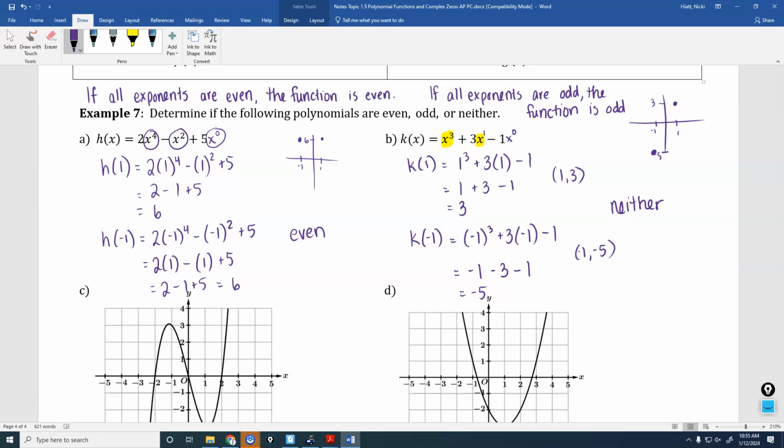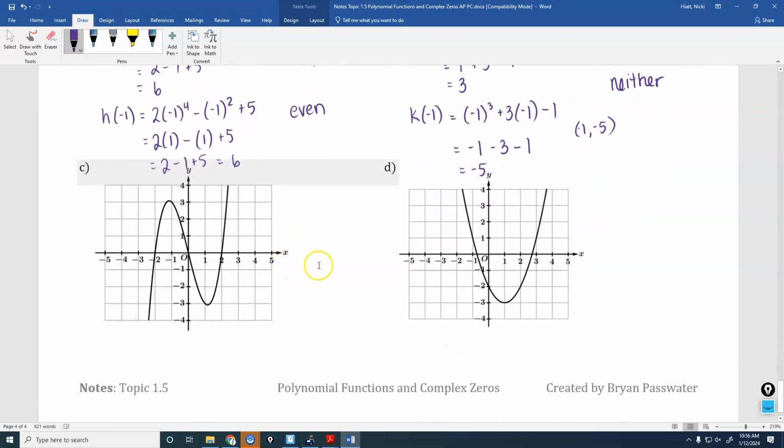And the reason that happens is because when you raise a negative to the 4th power or to the 6th power, it's just going to give you exactly what you had whenever you put the positive number in, because that gets rid of the sign. But do watch out for that x to the 0 power, because sometimes things look odd but they're not really, because they've got a coefficient on the end that has that x to the 0 with it.